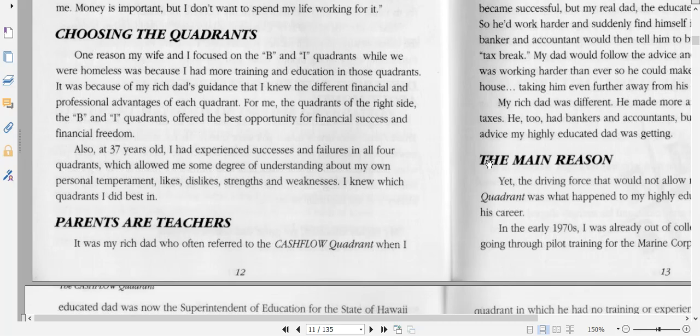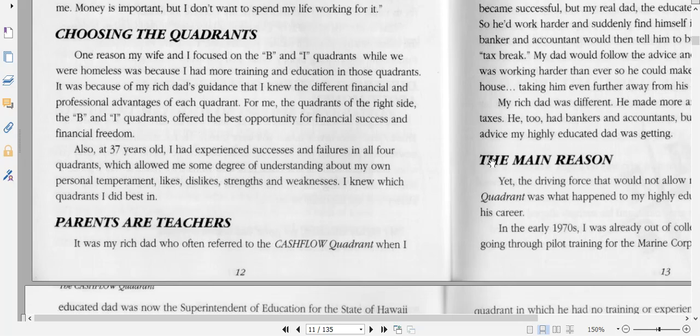For me, the quadrant on the right side, the business and investment quadrant, offered the best opportunity for financial success and financial freedom. Also, at 37 years old, I had experienced successes and failures in all four quadrants, which allowed me some degree of understanding about my own personal temperament, likes, dislikes, strengths, and weaknesses. I knew which quadrant I did best in.